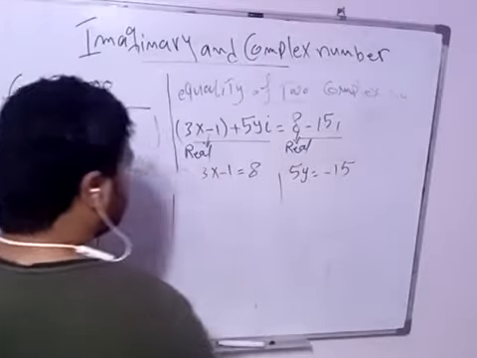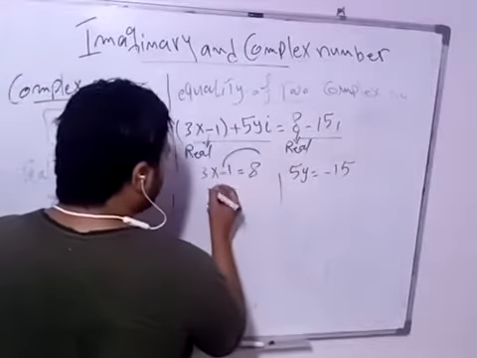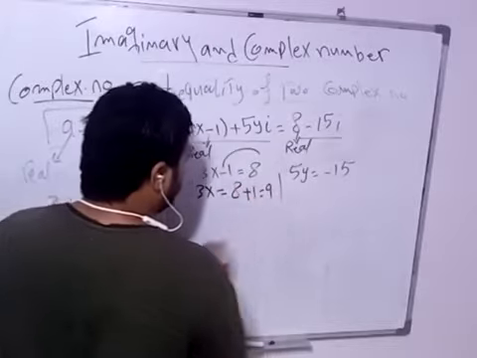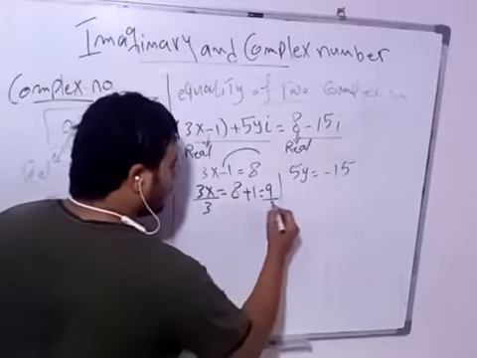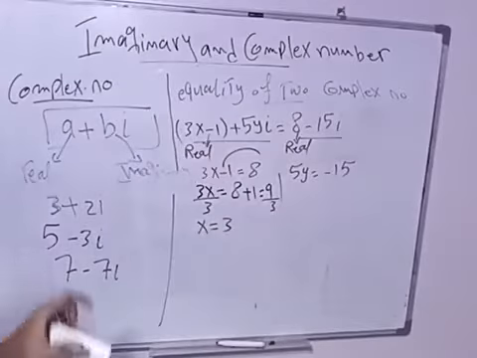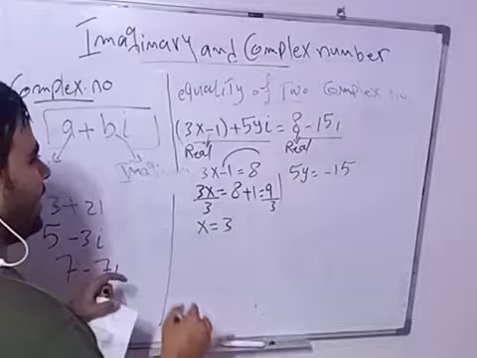So transpose: 3x equals 8 plus 1 equals 9, divided by 3, x equals 3. In our example, find the value of x and y.